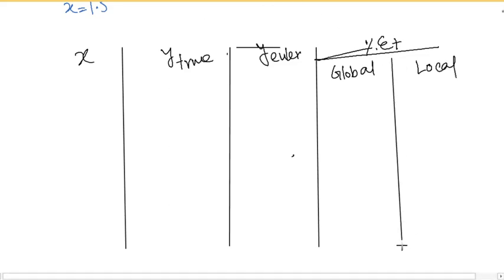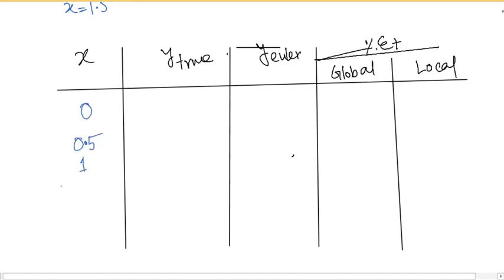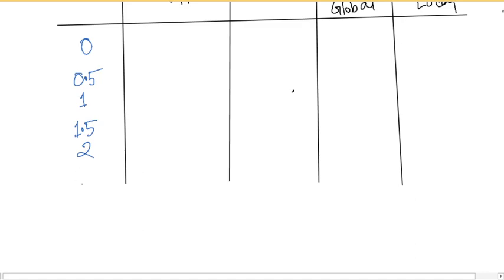So we can divide it like this. So I am now writing down one by one. x equals 0, x equals 0.5, x equals 1, x equals 1.5, x equals 2. If I go further, 2.5, 3, 3.5, and finally 4.